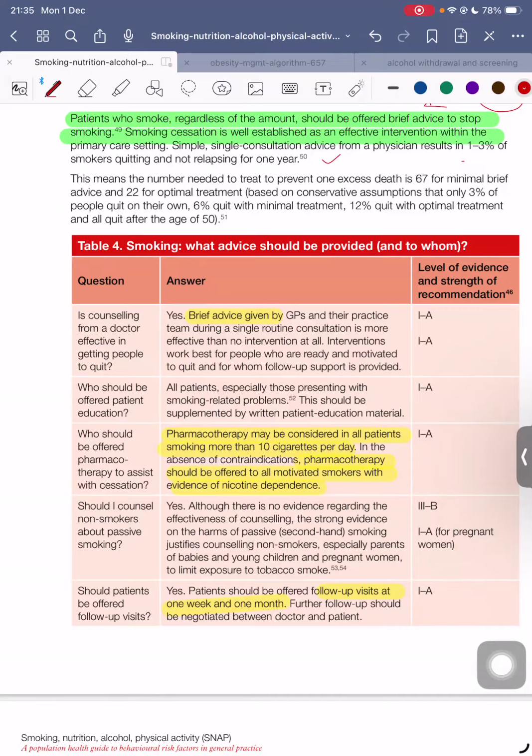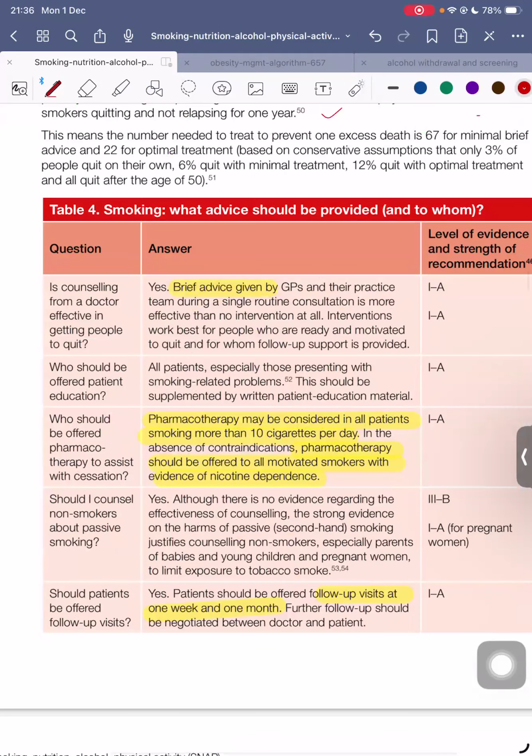Okay, so then next one. How should we treat next if it fails or if it is not enough, how should we go with the treatment? Who can tell what is next one? Okay. So next one is pharmacotherapy, right? Usually the pharmacotherapy may be considered in all patients smoking more than 10 cigarettes per day.